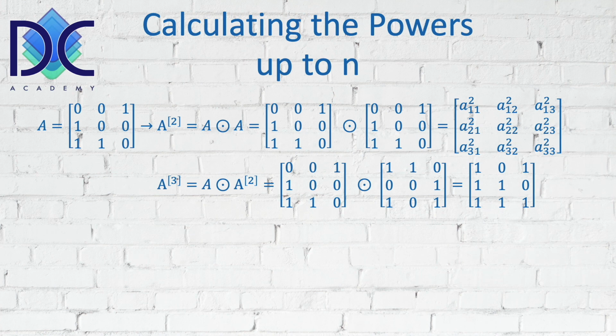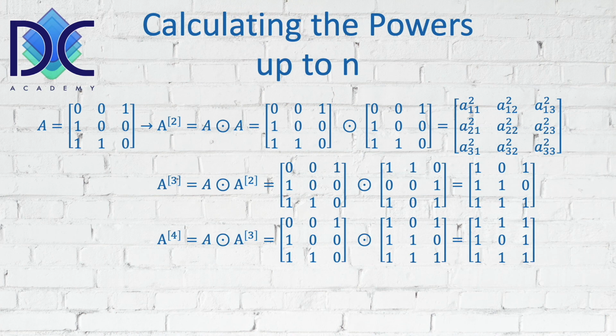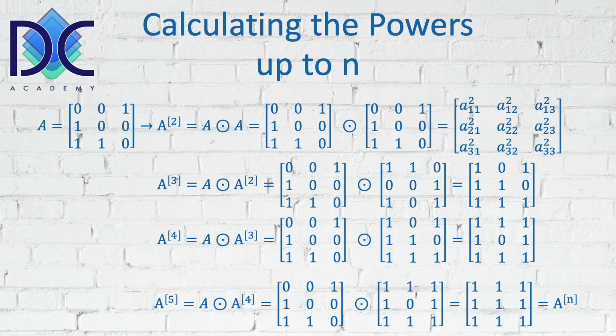We do the same for A to the fourth power, so we do again the Boolean product of A with the third power of A, and we find a new 0, 1 matrix, which is 1, 1, 1, 1, 0, 1, 1, 1, 1. And now something special happens when we take the fifth power.